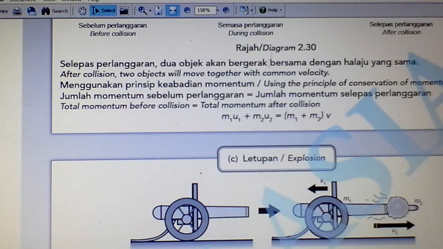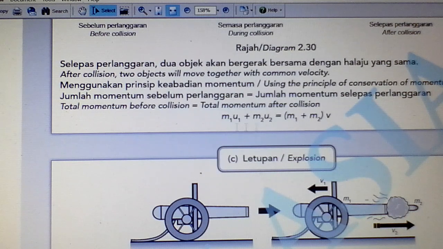The difference between elastic and inelastic is, for elastic, the two objects move separately after collision and the kinetic energy is conserved. For inelastic, the two objects move together with common velocity, or they stick together after collision, and the total kinetic energy is not conserved.